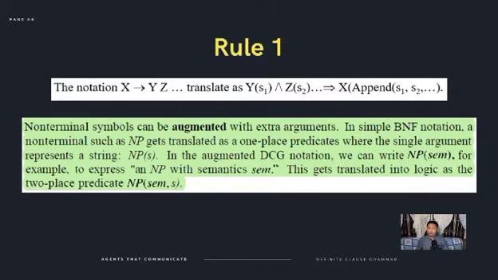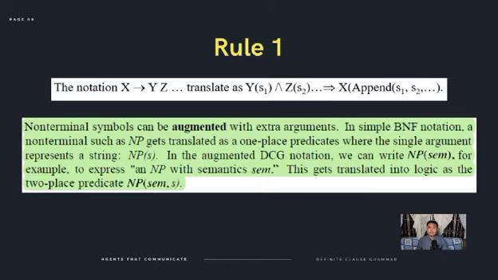Rule 1 says that non-terminal symbols can be augmented with extra arguments. In simple BNF notation, a non-terminal such as NP gets translated as a one-place predicate where the single argument represents a string of the NP, that is, NP(s).